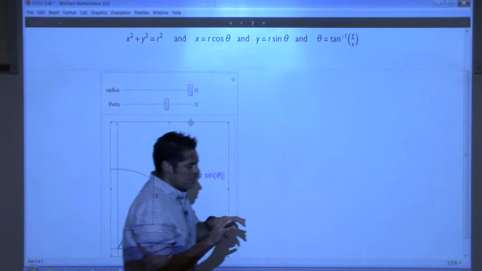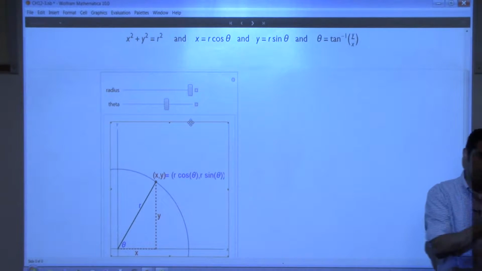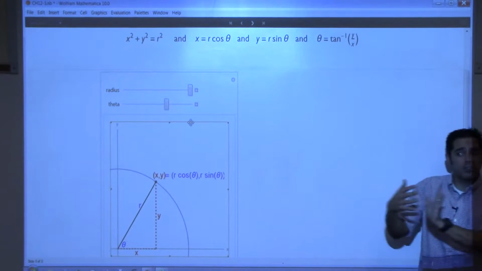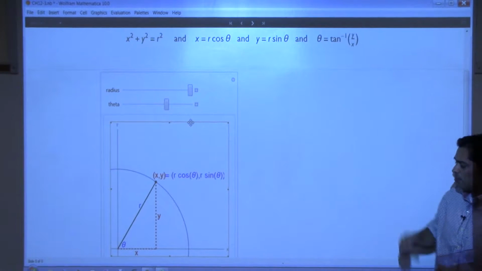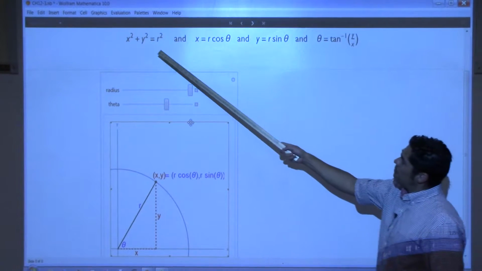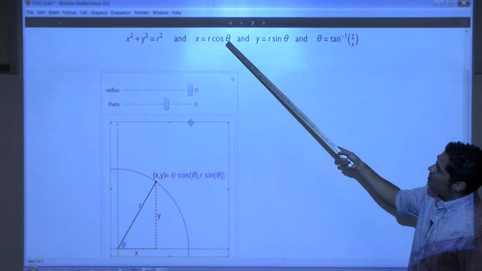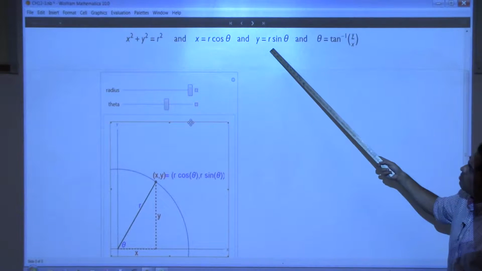What we're trying to do is figure out a way to go from Cartesian coordinates to polar, or from polar back to Cartesian. So these are the relationships that we're going to be using here. This equation, the relationship between x, r, and theta, is from pre-cal, and so is the one between y, r, and theta.